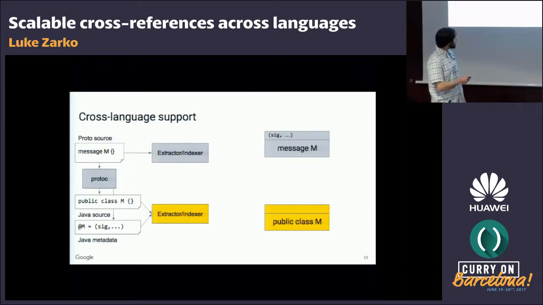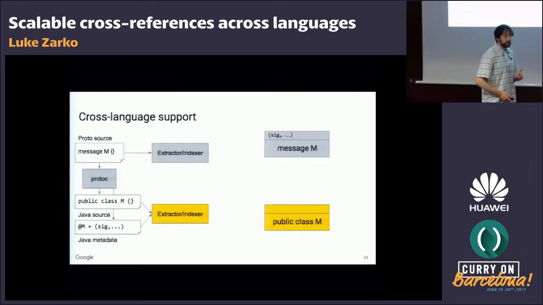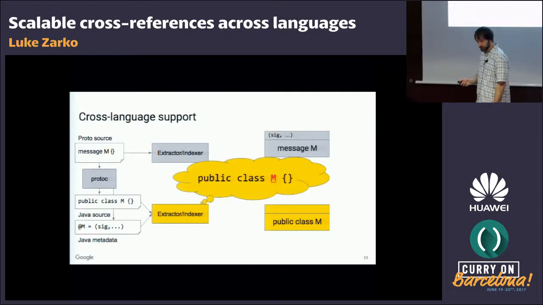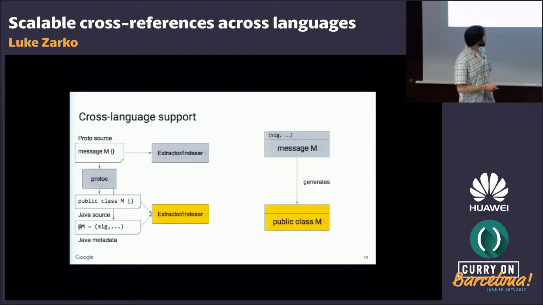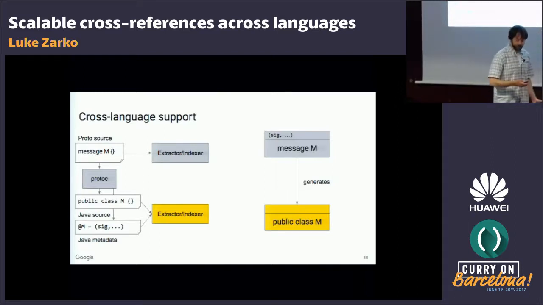And we'll produce a representation of the Java node for public class M. But during indexing, we have associated this metadata file with the Java source file. So the indexer knows to look for this M. When it sees the M, it knows to paint in that additional generates edge. And this edge, we know internally during our denormalization process, should cause one of these clusters to be built.